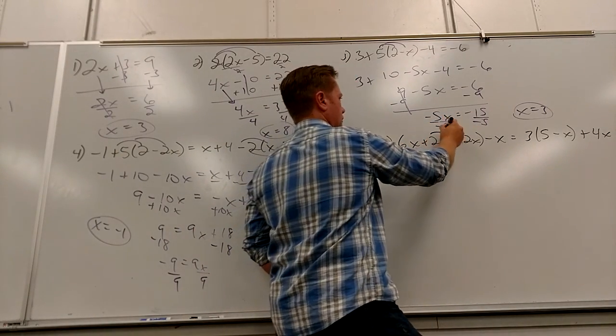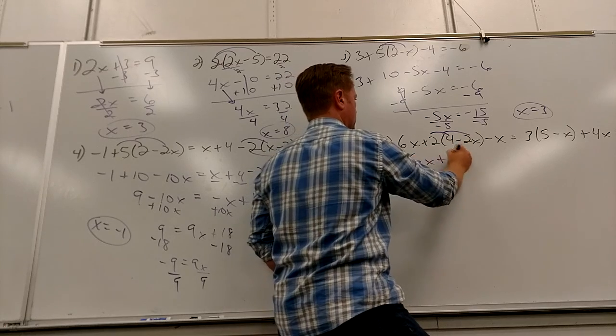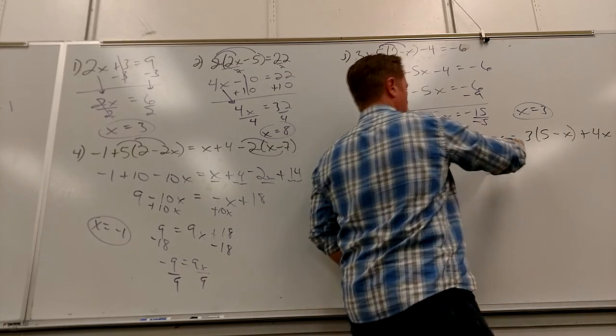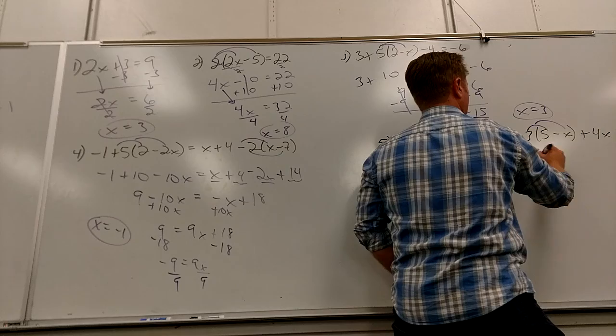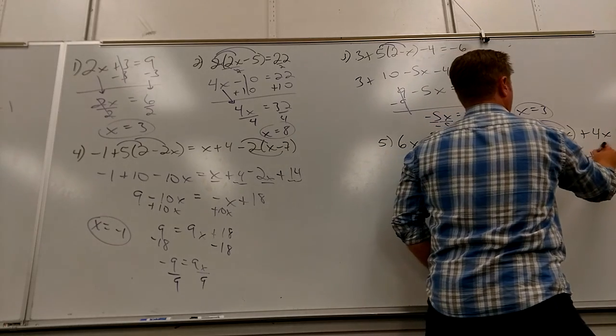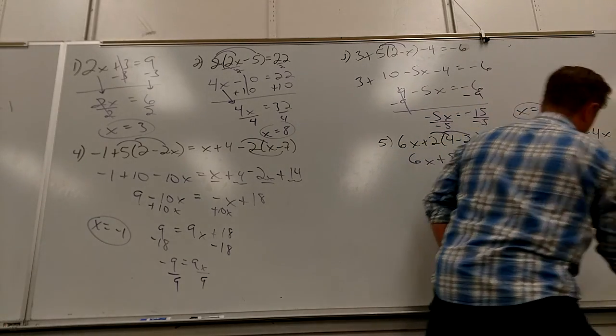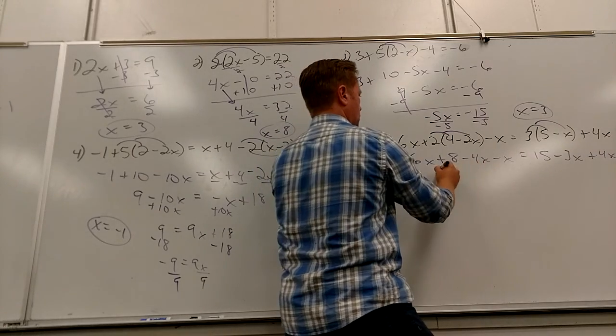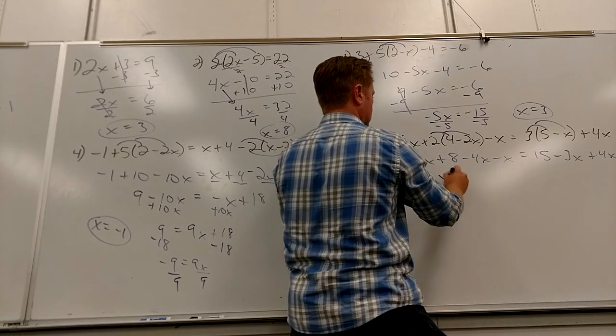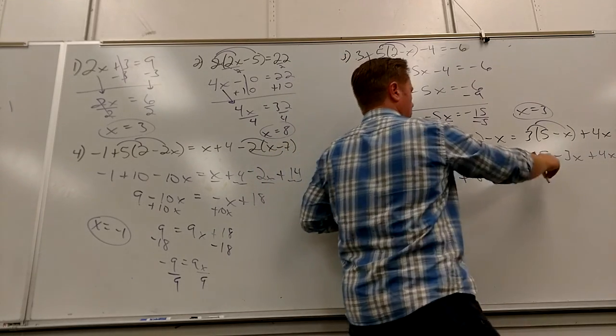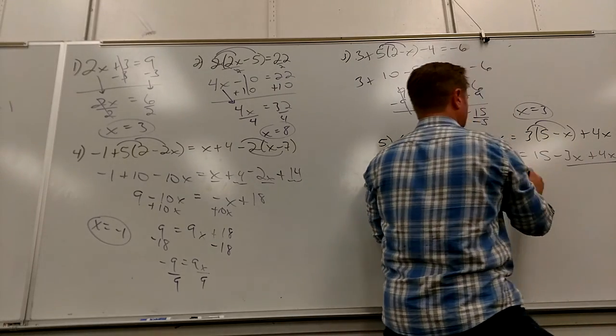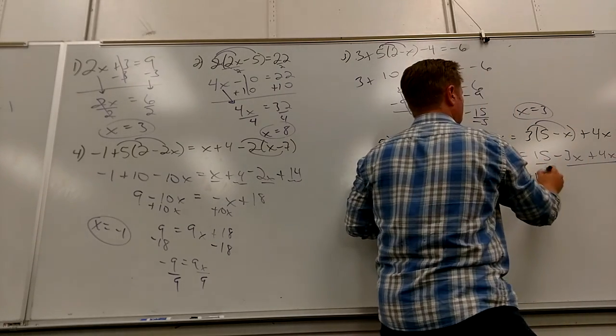So again, let me catch up to what you guys did to this. Forget that poor little minus x, dude. Okay, so then you got 2x minus x is x, plus 8 equals, that's x plus 17, right?